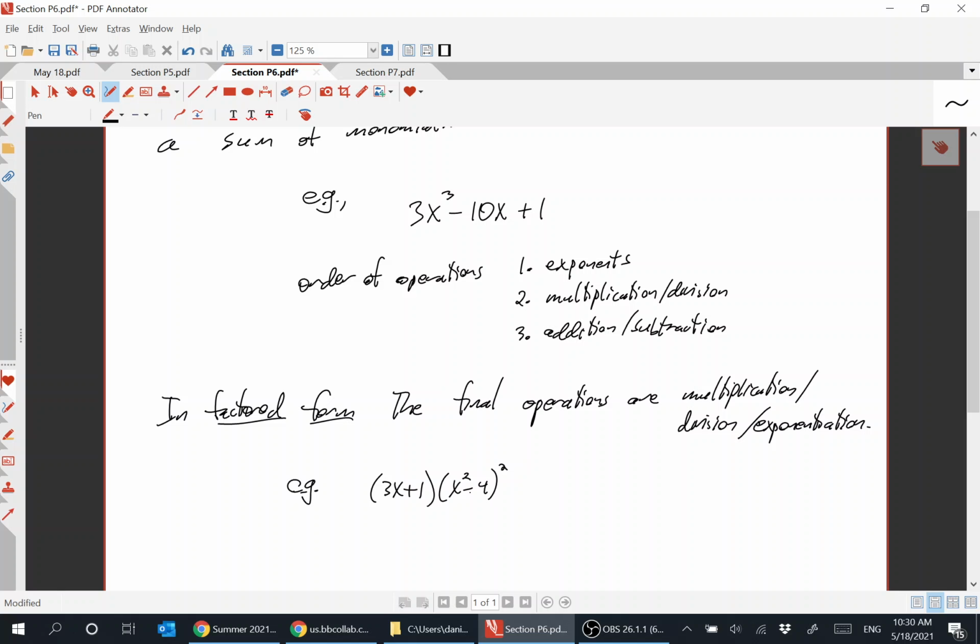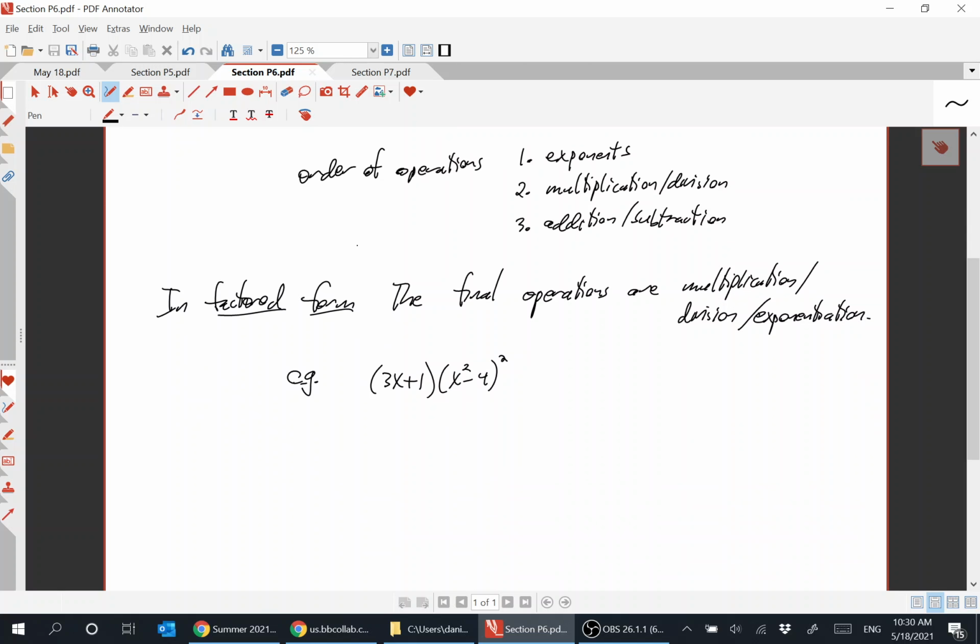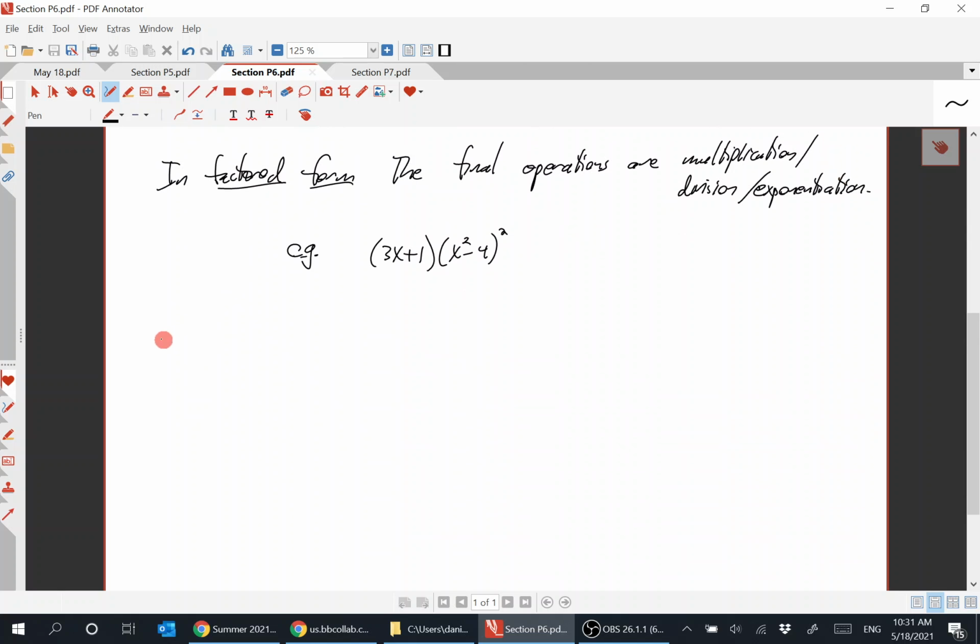And once you have things in factored form, you can do different things with them that you can't do when they're in standard form, and vice versa. So sometimes standard form is appropriate, sometimes factored form is appropriate. Okay? So, for example, also factoring quadratics.